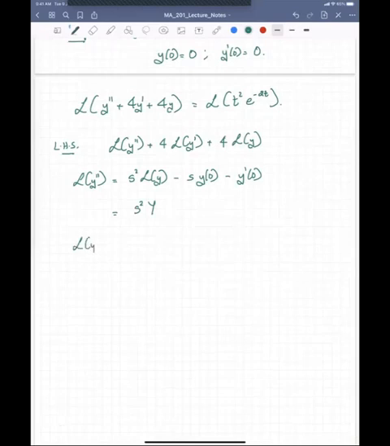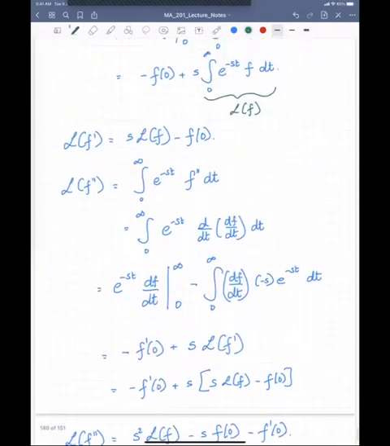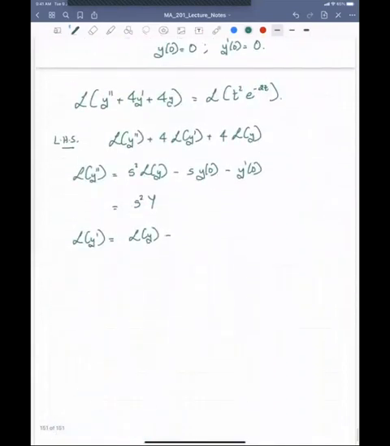Now L of y prime is, of course, s L of y minus y of 0. Again, for this particular problem, this is just s times Y because y at 0 is 0.